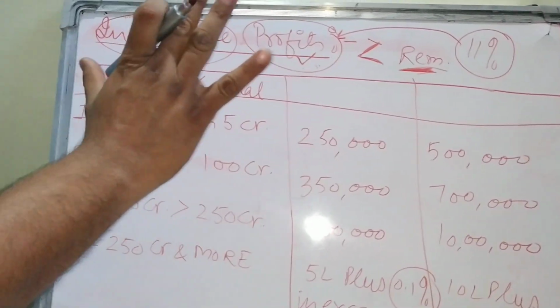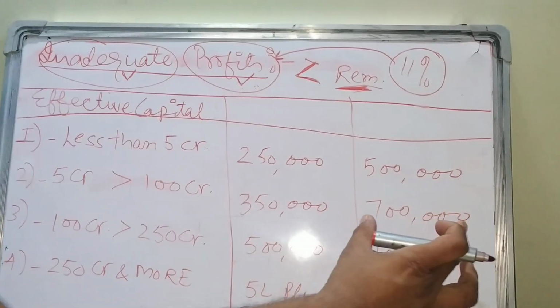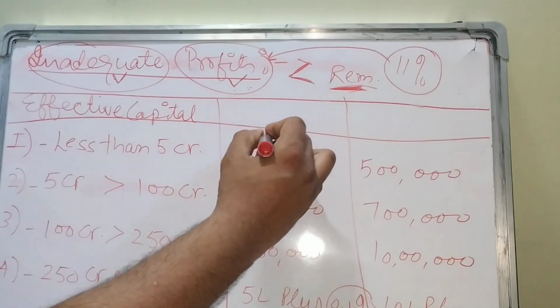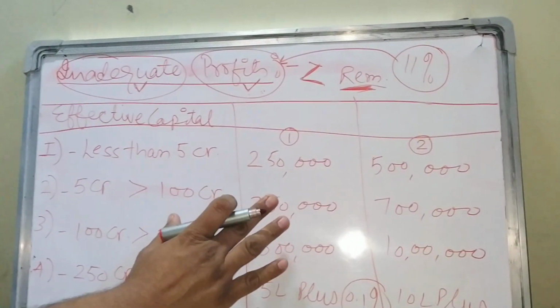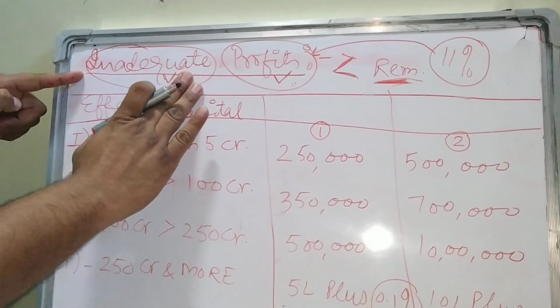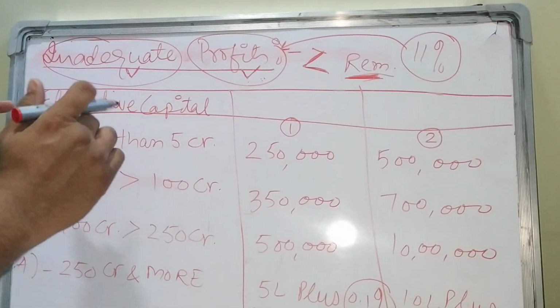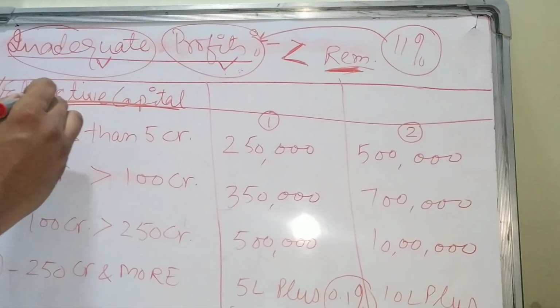The Companies Act provides two tables, one table and a second table. So this table I am naming as table one, and this I am naming as table two. The Companies Act 2013 says that if there happens to be inadequate profit, the whole base is your effective capital. So calculate the effective capital of the company.